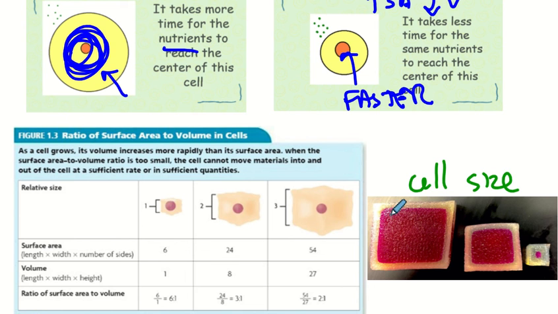Well, as you can see here, there is a much greater volume in the bigger cube in comparison to the surface area, where the smaller one, all that pink is pretty much completely reacted with. So it's telling us that it takes less time to reach the center of the cell.